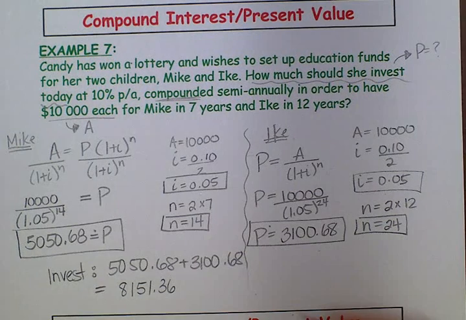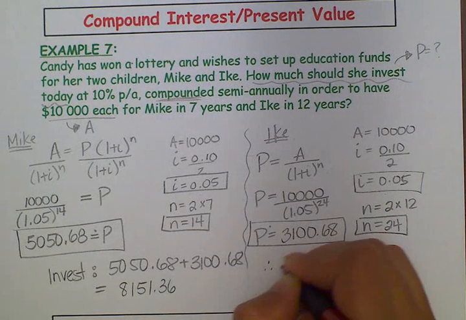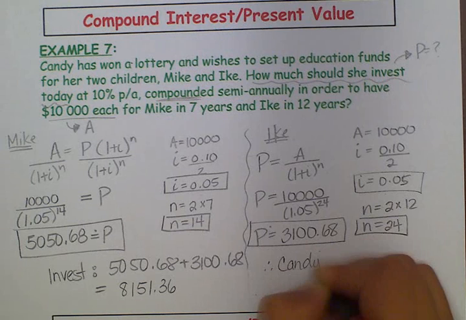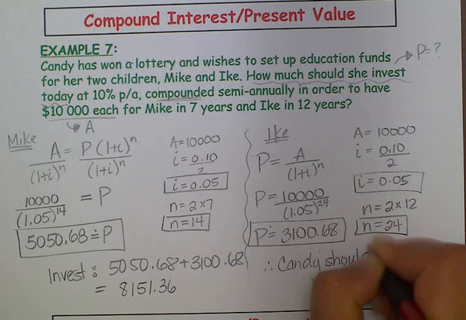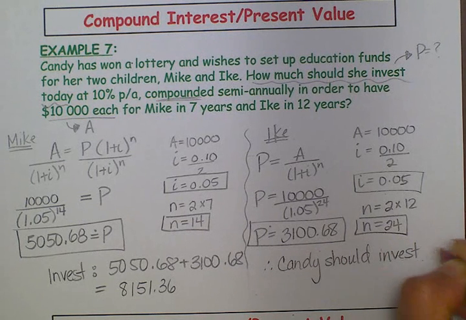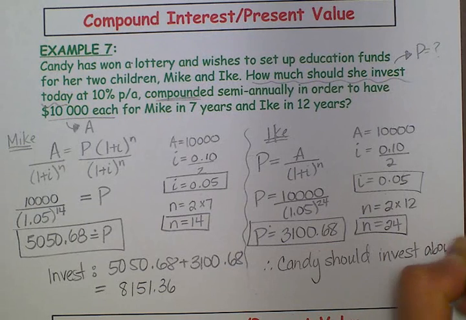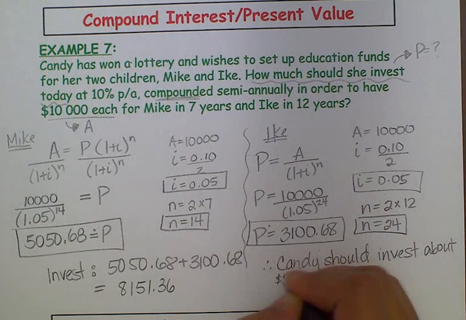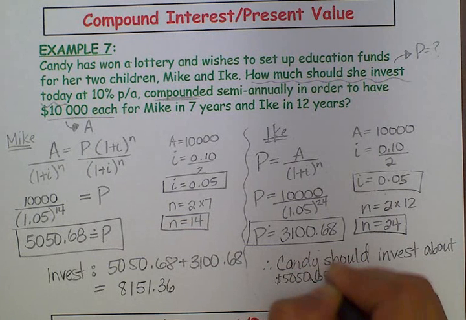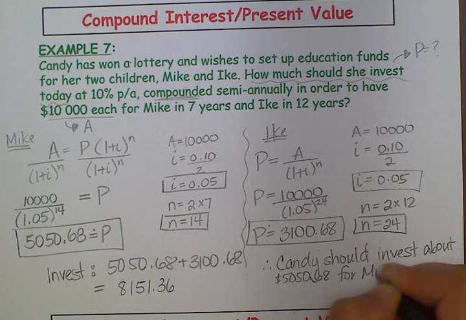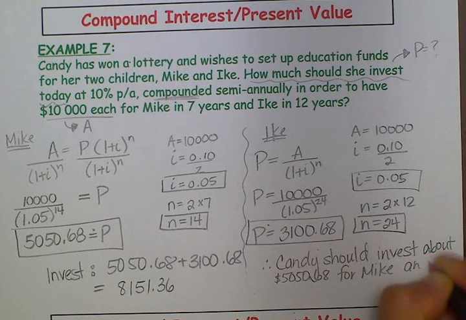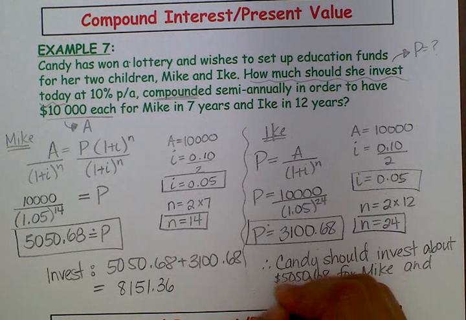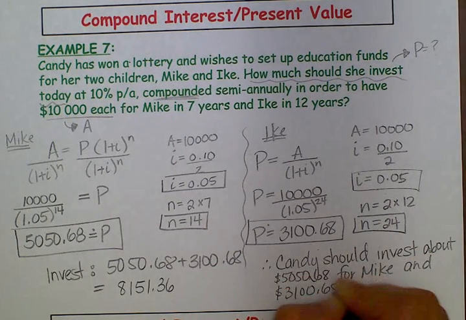So therefore, Candy should invest about $5,050.68 for Mike and $3,100.68 for Ike.